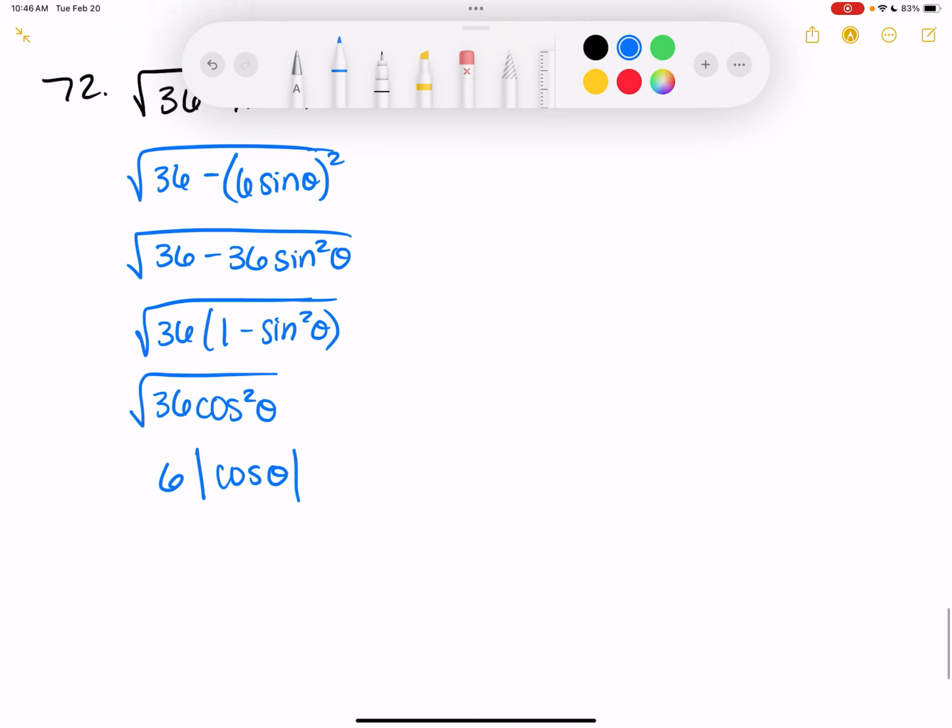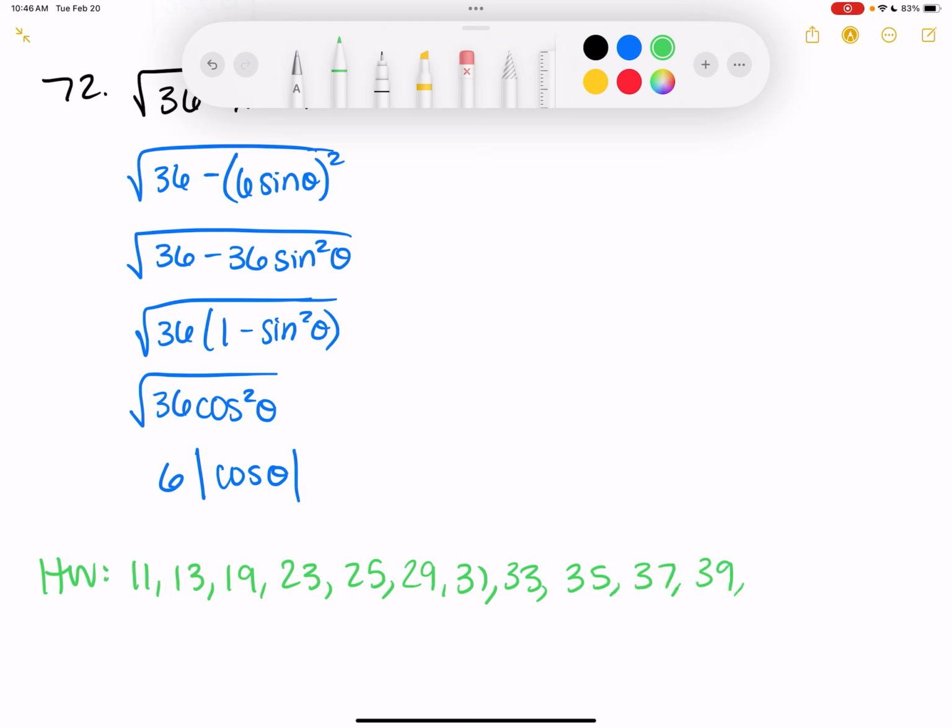Then there's going to be a lot of problems, but we still have like 20 minutes left. 11, 13, 19, 23, 25, 29, 31, 33, 35, 37, 39, 47, 49, 69, 71, and 73.